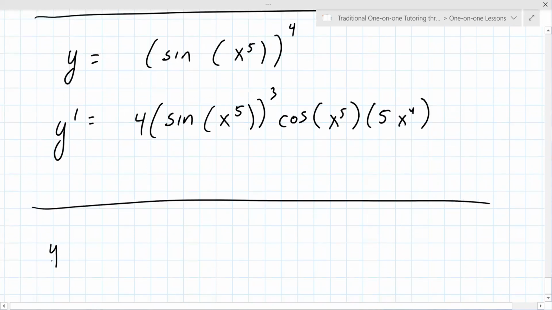Let's say y equals the natural log of the sine of x, all to the power of 8.